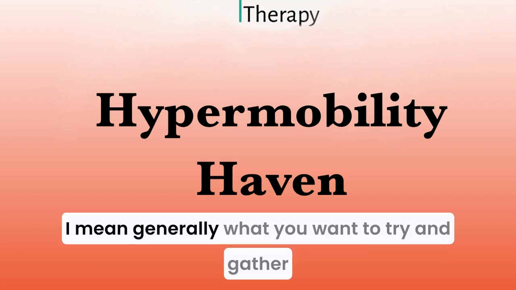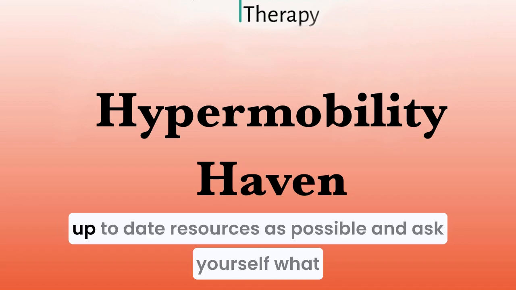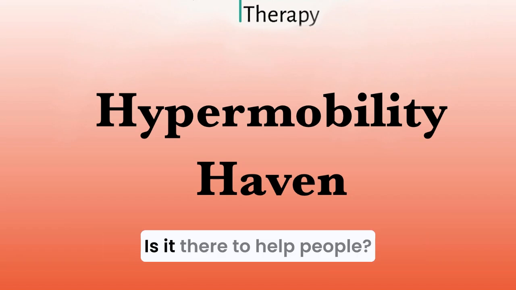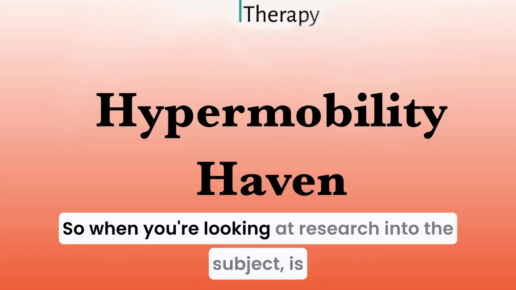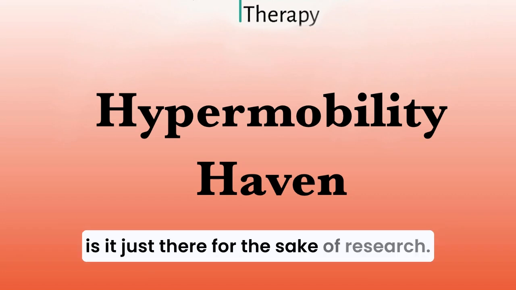I mean, generally what you want to try and gather is access to as many good quality and up-to-date resources as possible, and ask yourself what the goal of that resource is. Is it there to help people? So when you're looking at research into the subject, is it there to advance people's knowledge about the condition, or is it just there for the sake of research?